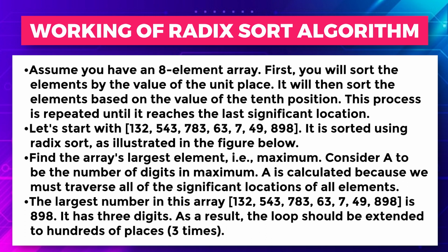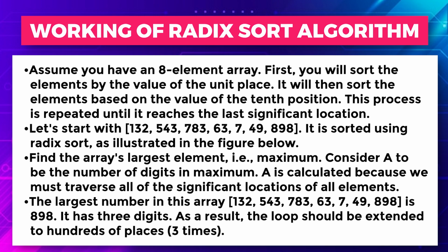A is calculated because we must traverse all the significant locations of all elements. The largest number in this array is 898, so the biggest value is 898.